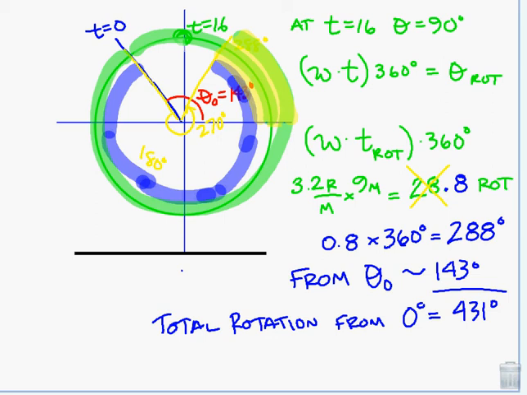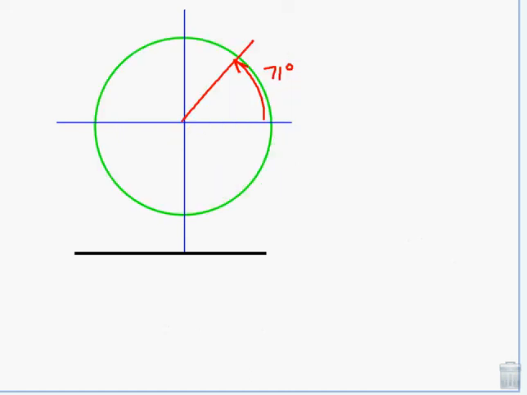Because I've gone over 360 degrees. So I have an overlap of 71 degrees. So this yellow portion in here that I'm highlighting now in red is 71 degrees.